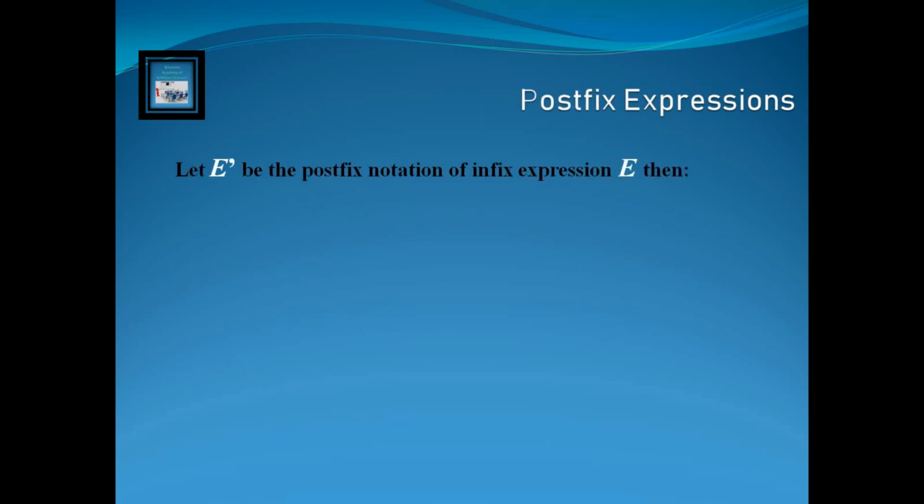So now we will see how to convert such infix forms of expressions to postfix forms. For example, E represents the infix form of expression, and E prime is going to represent the corresponding postfix form expression.